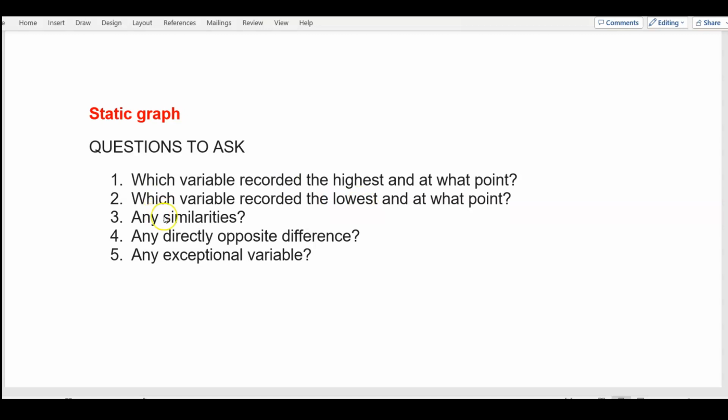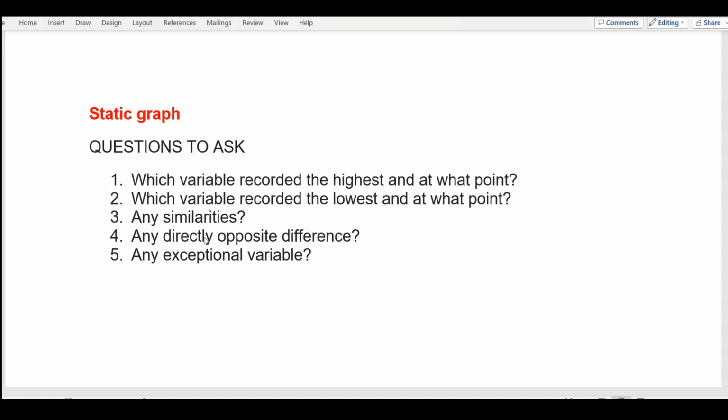All right, the next question is, are there any similarities? So sometimes you might get two variables at the same point. Maybe they are of the same height, or they were used the same, or the variables were having the same number. So those ones can be used as similarities. And any opposite difference? So sometimes you might have a clear difference between one of them.